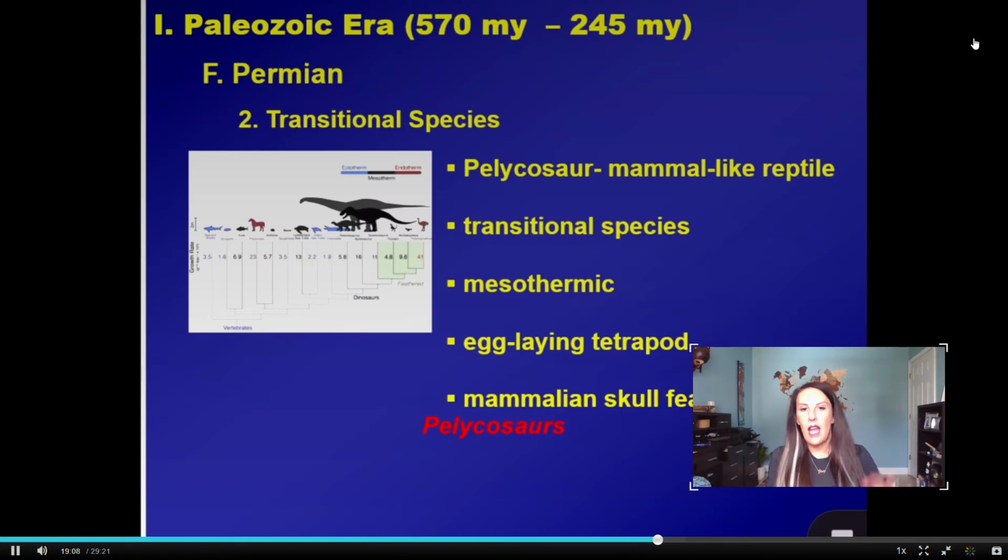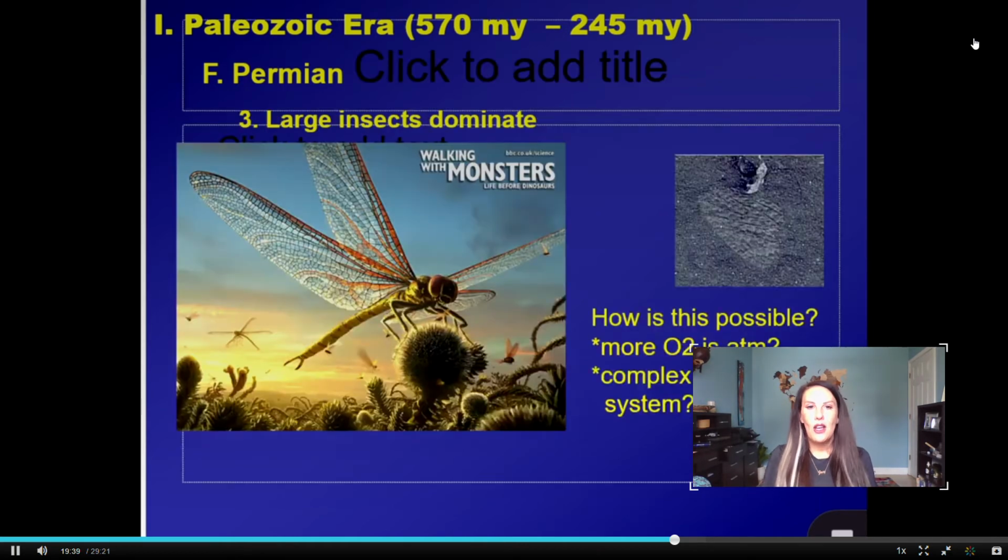Whether you're looking at sharks that are ectothermic, or a horse that is endothermic, and then you've got the dinosaurs that are in the middle of that. This is still debated as to whether dinosaurs are mesothermic, but a lot of the teams nowadays lean towards that in the research.